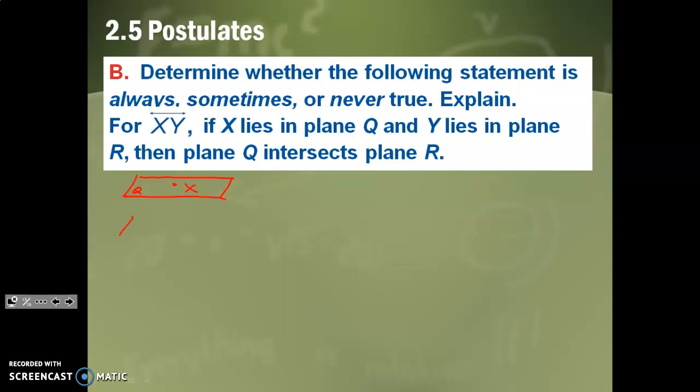But what happens if the two planes are parallel to each other? There might be a line that goes through both of the points. Whoops, I kind of drew that wrong. I should have dash lines through it. I'll correct that. Or just no line showing it goes through.